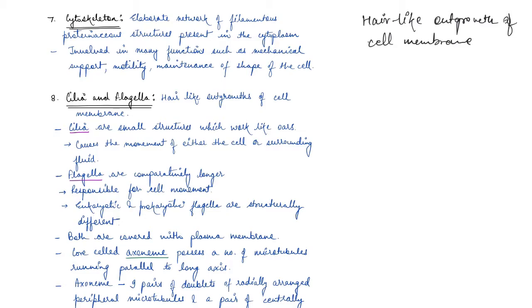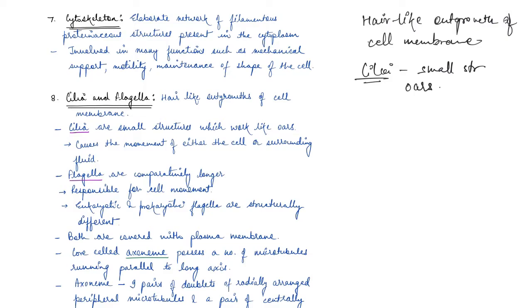So in many cases, you'll find hair-like outgrowths of cell membrane. Now, what is the difference between cilia and flagella? Cilia is smaller, right? So these are small structures which work like oars.